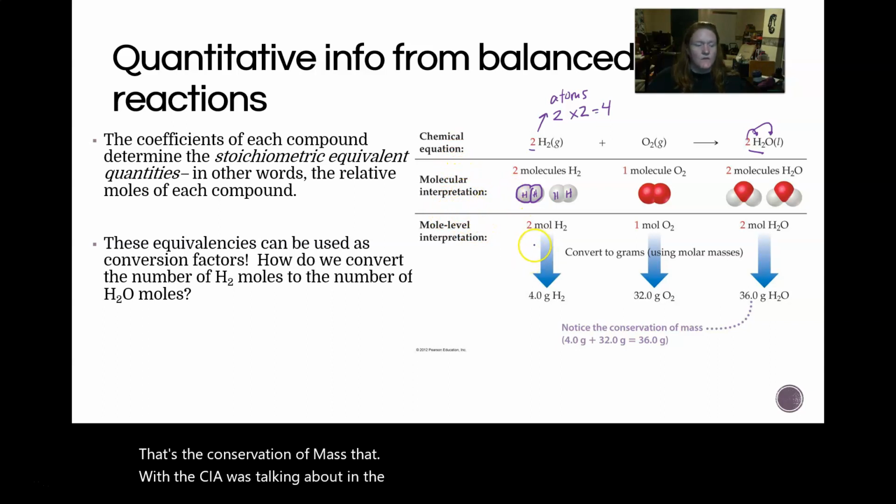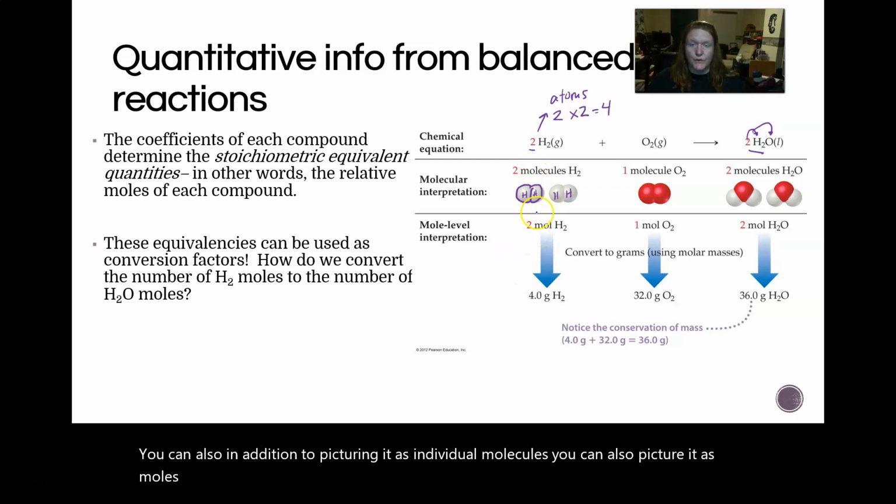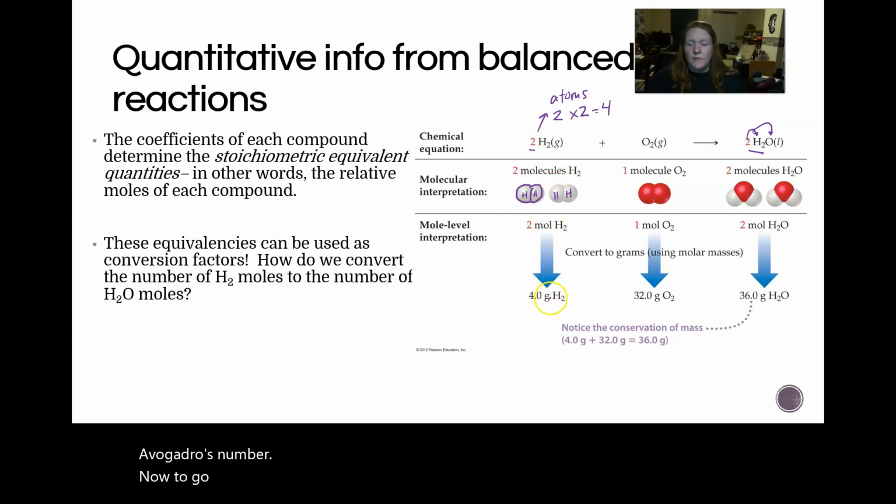All right? And so in addition to picturing it as individual molecules, you can also picture it as moles, because molecules and moles are proportional to each other, related by Avogadro's number. Now, to go from moles to mass, we have to think about those conversions, right?